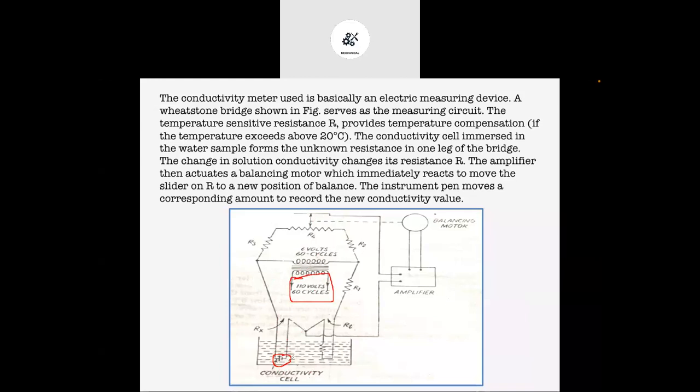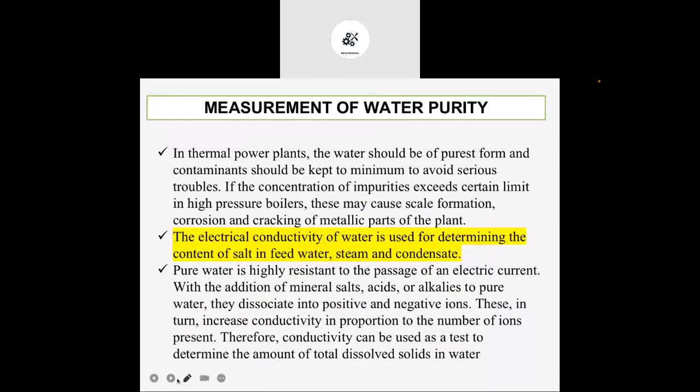Now, when this electricity passes through this resistance, if that water is pure water, in that case there will be no current passing through this circuit. Here, the circuit consists of two open contacts.